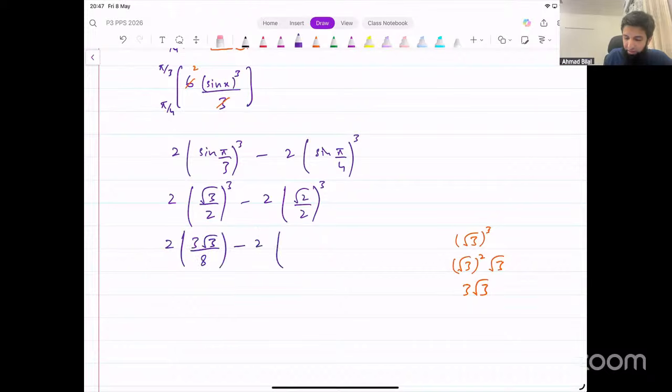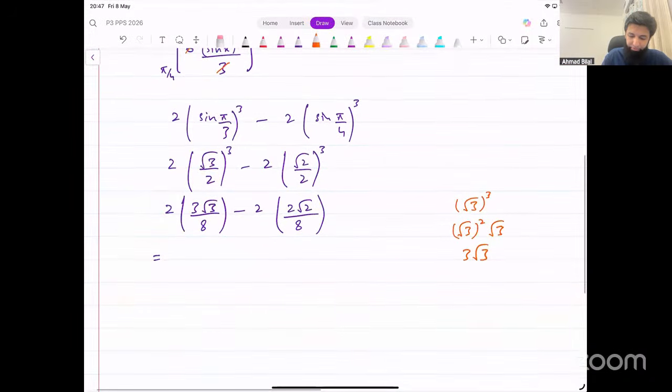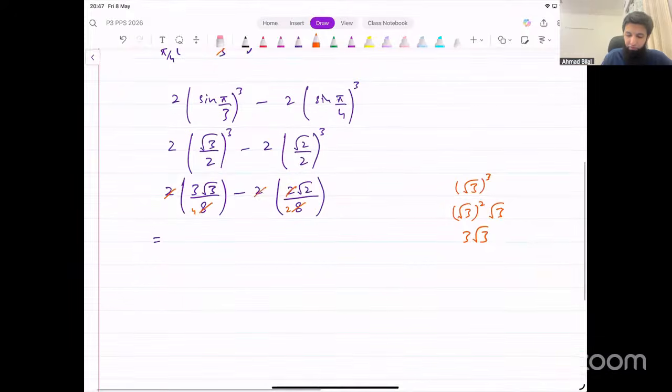And similarly, here as well, under root 2 whole cube, we can write that as 2 under root 2. In the denominator, we've got 8. Simplify this. This gives you 4, and this gives you 2. And what are we left with? 3 over 4 under root 3 minus 1 over 2 under root 2.